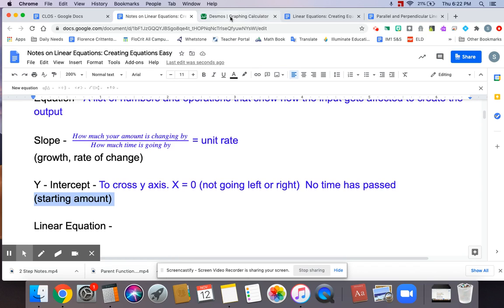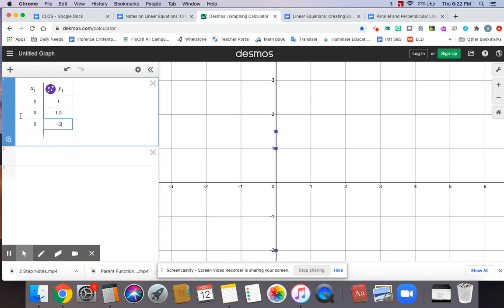Like if my y-intercept is this 0, 1, that means when no time has passed, I have 1 of something. If it's about money, then I have $1. Or if it's about candy, then I have 1 piece of candy. Before doing anything, before going to work, before going trick-or-treating, I have 1 of them. So it's considered my starting amount.